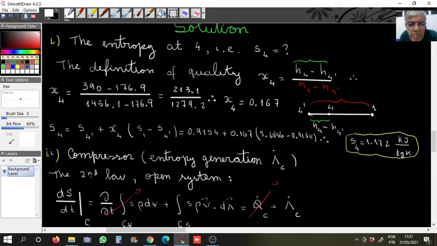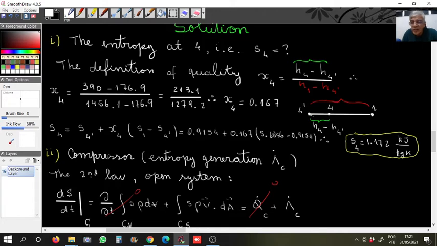I put in color just so you can see it easily: the green one is the numerator, and this is the denominator.